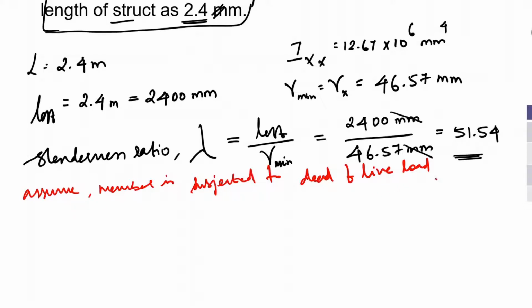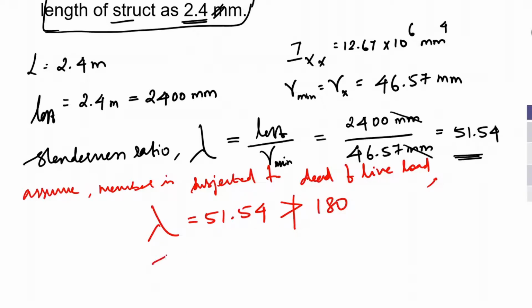So in this situation, the value of lambda we got is 51.54. That should not be greater than 180. And of course, it is not greater than 180.